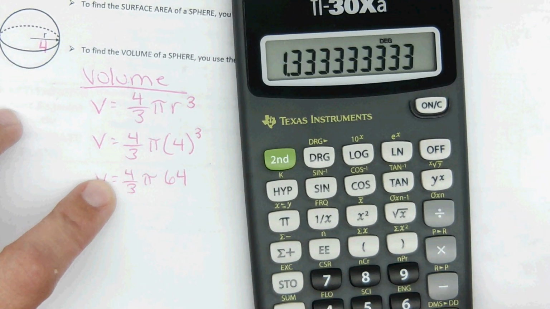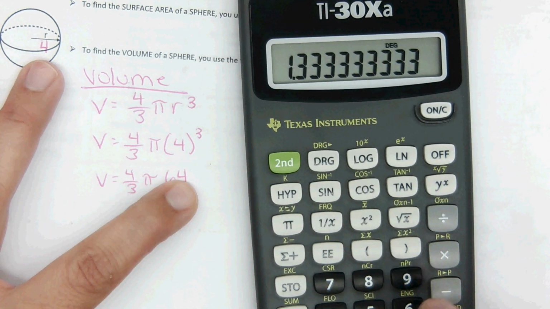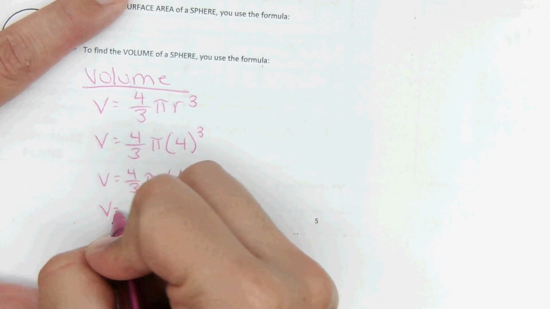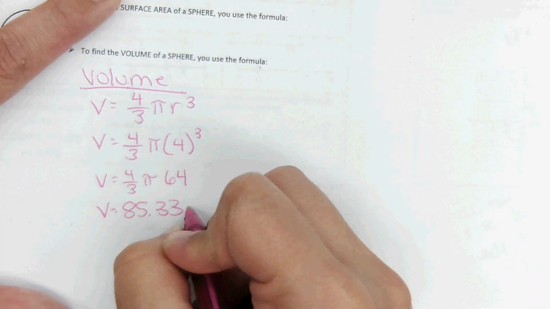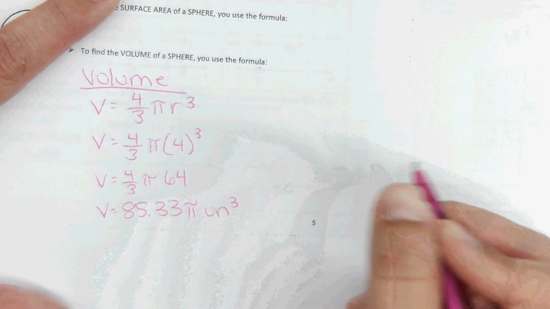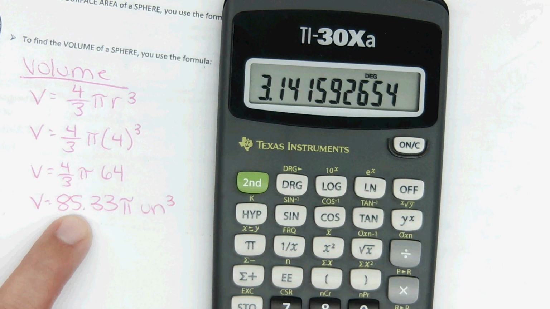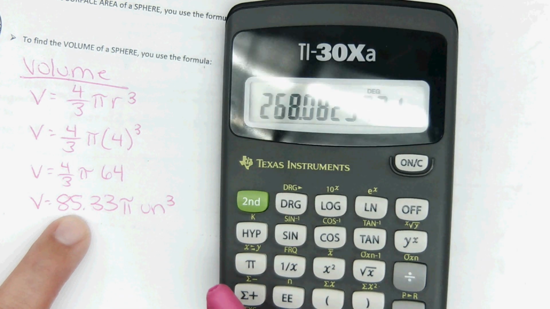I'm sure there are different ways, but what I find easiest is I do 4 divided by 3 for the fraction to get the decimal, and then I multiply by 64, and we get 85.33. I'll leave it in terms of pi here, units cubed. Or if they want it not in terms of pi, times pi equals 268.08.